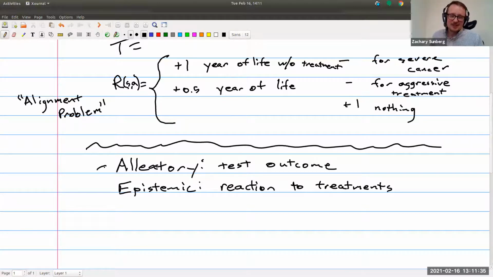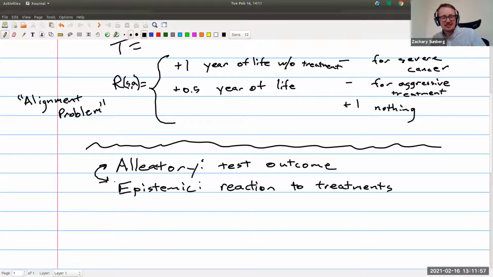Maybe one takeaway here, though, is that almost all uncertainty doesn't fall clearly into one of these categories in the real world. Even the test outcome, you might learn that it's really accurate for some particular cases and really inaccurate for others, so you might be able to learn over time.